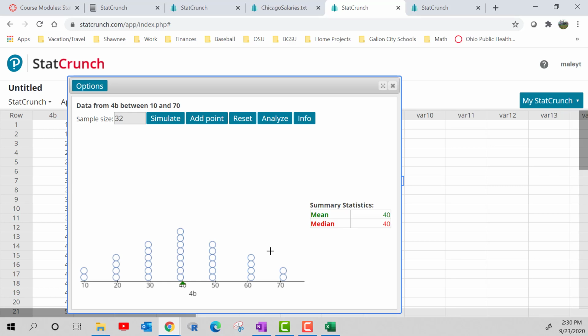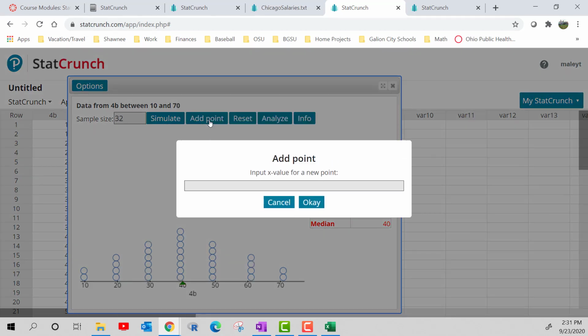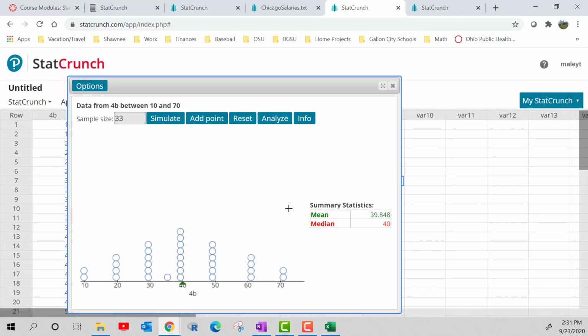So you can see this makes a symmetrical dot plot, and the mean and median are both equal to 40 exactly, right? So that's part B. Then part C says add a single observation at 35. How does this affect things? So I'm going to add a point, add the number 35, and click OK. You can see the mean dropped a little bit, but the median was unaffected, right?